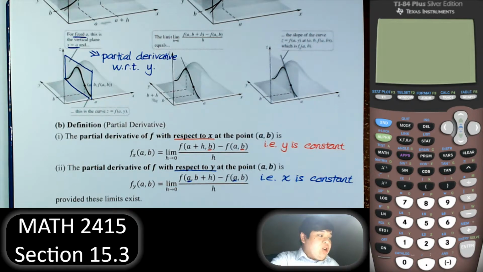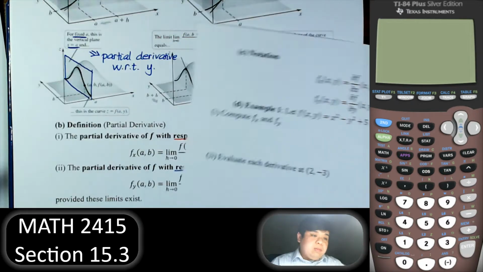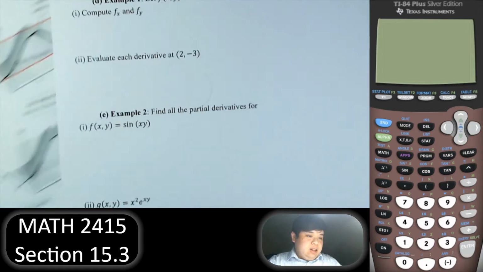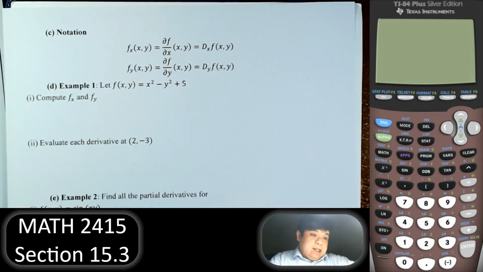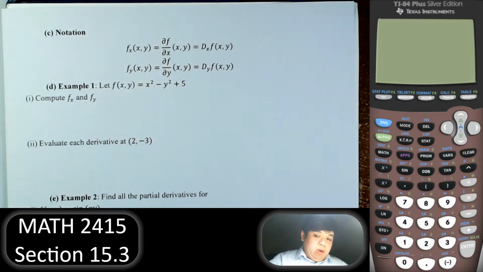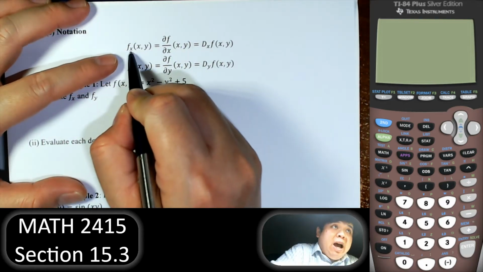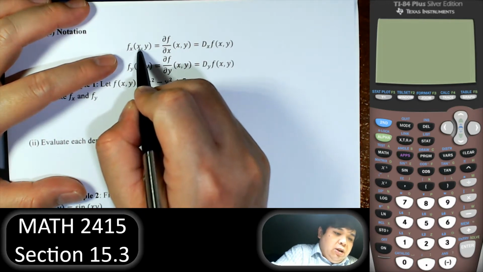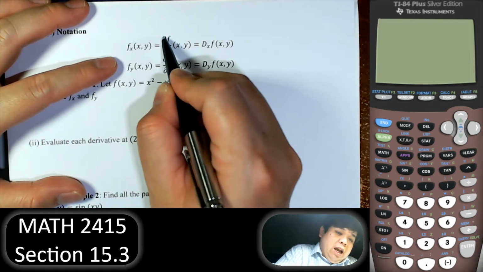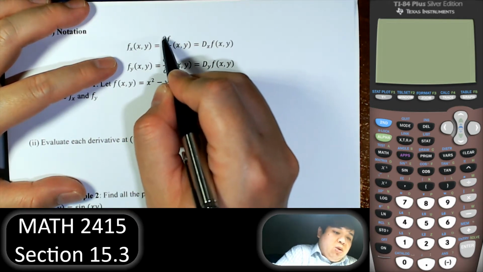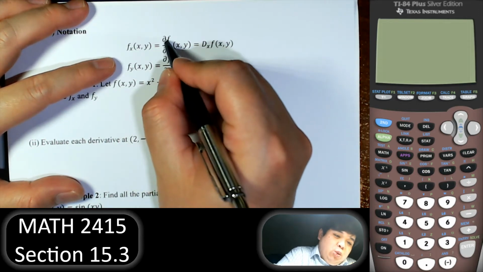Before we go to some examples, let's look at a different notation for the derivative. There are more than just this, but we will use f sub x for the partial derivative with respect to x, or we're going to write it like this, and that we just call the partial derivative. So we do not use the regular d.